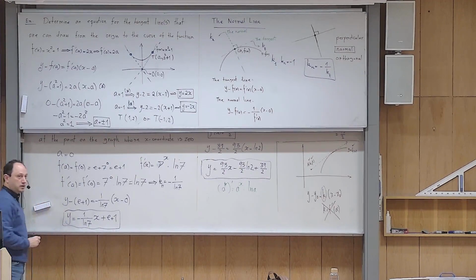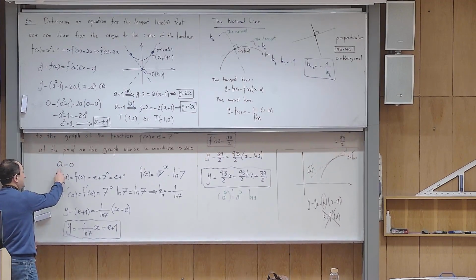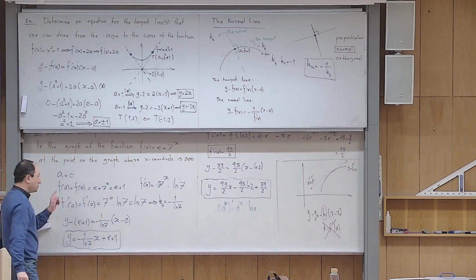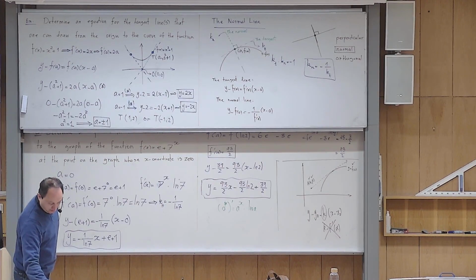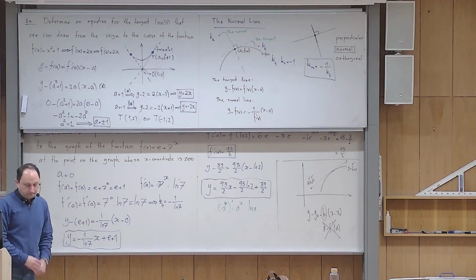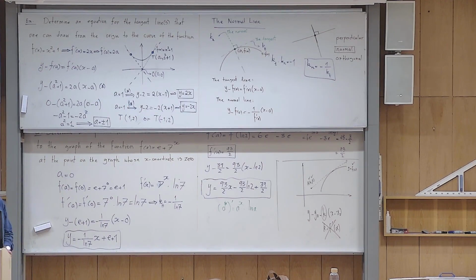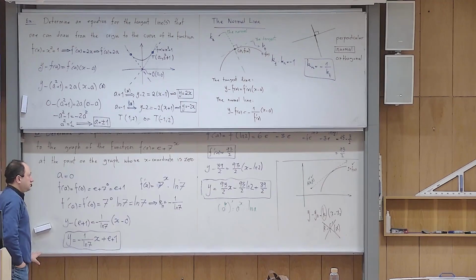So this is an equation for the line that passes through that point, 0 and e plus 1, and is normal to the curve. Yes? Is that clear? It might be a good idea if we also check this using GeoGebra to see it in front of our eyes.